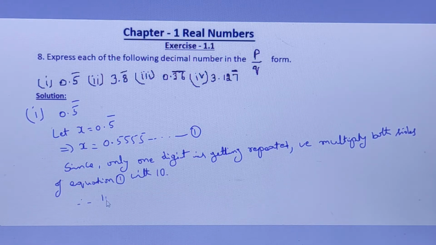Therefore 10x is equal to 10 into 0.555 and so on. So this implies 10x is equal to 5.555 and so on. Let us call this equation 2.